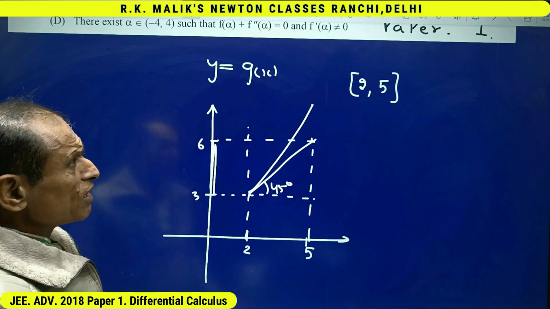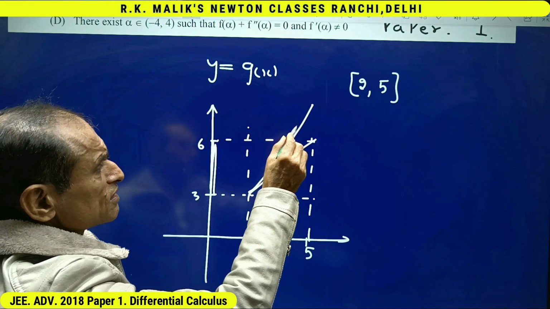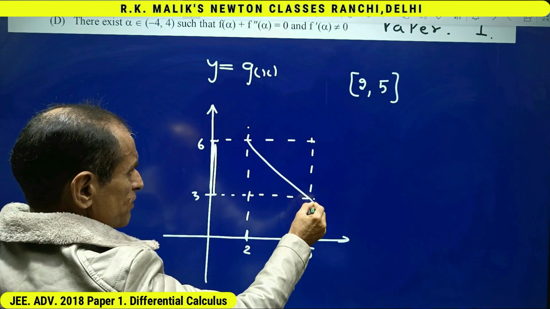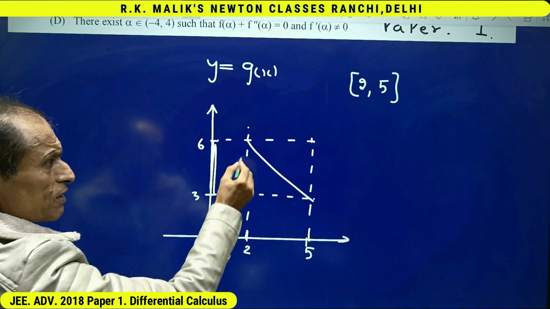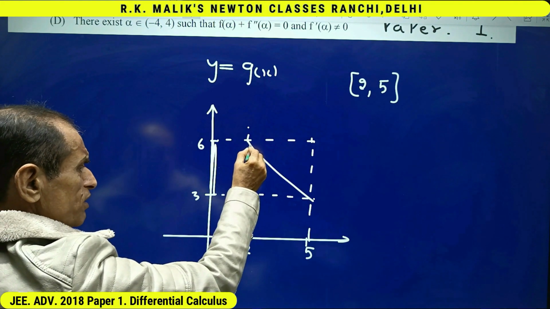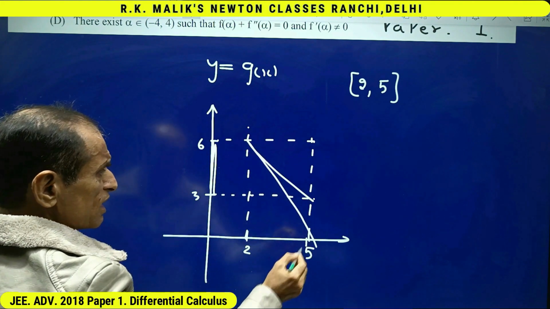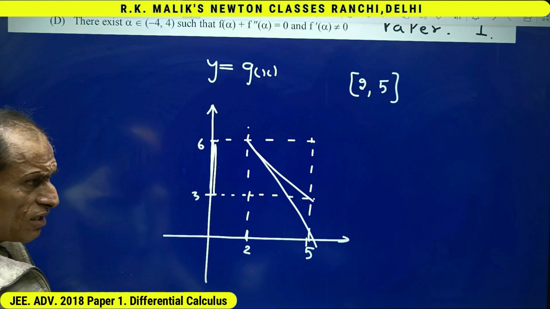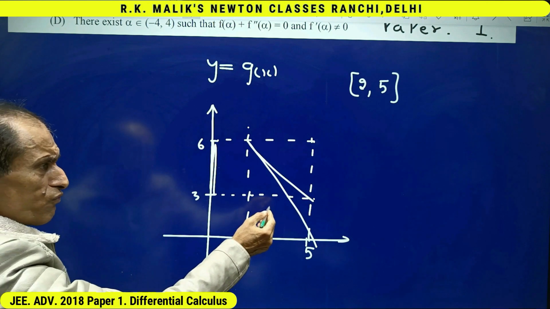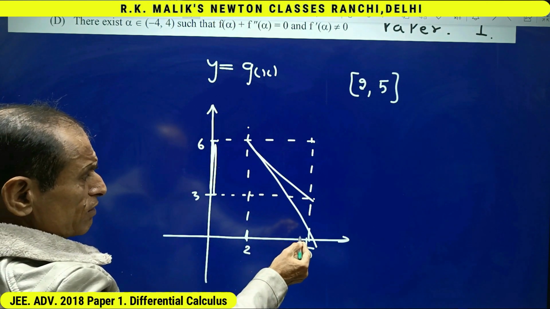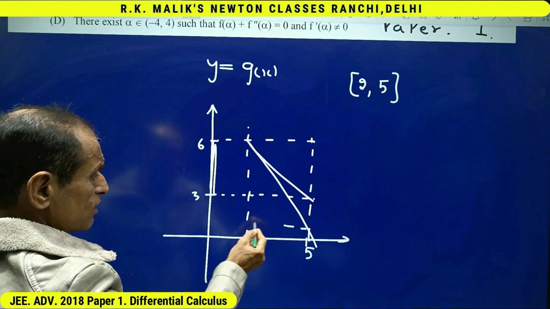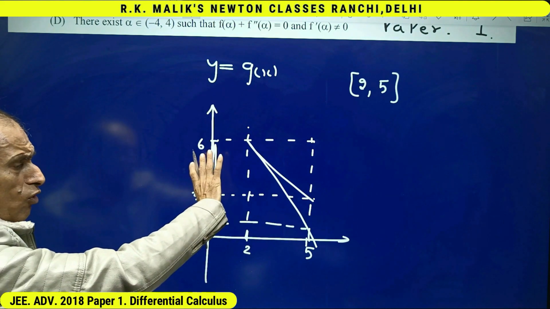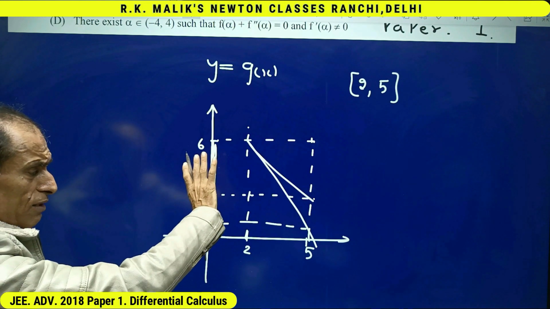Similarly, if the slope of tangent is less than or equal to -1, the situation will be of this type: if the graph starts from here and the slope of tangent is less than -1, in that case also the final length of the range of values of y will again be more than 3.